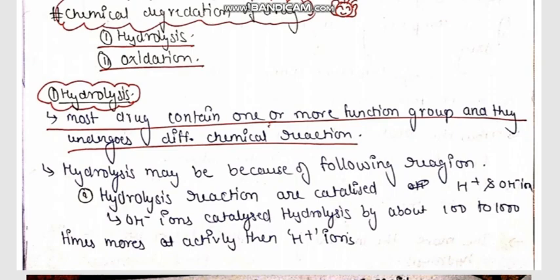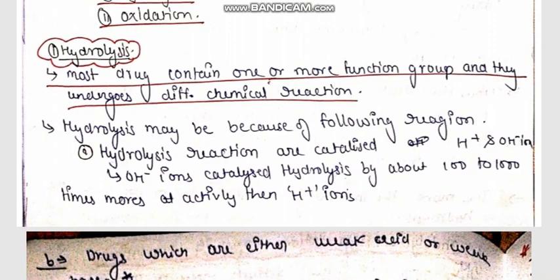It means most drugs contain one or more functional groups and they undergo different chemical reactions. Hydrolysis may occur for the following reasons. Hydrolysis reactions are catalyzed by hydrogen ion or hydroxyl ion. Hydroxyl ion catalyzes hydrolysis about 10 to 1000 times more than hydrogen ion.